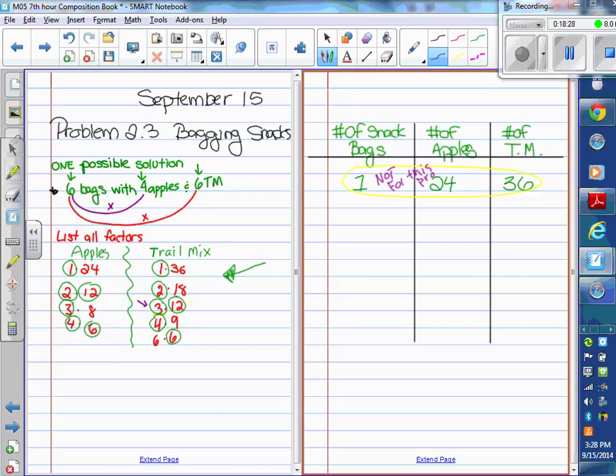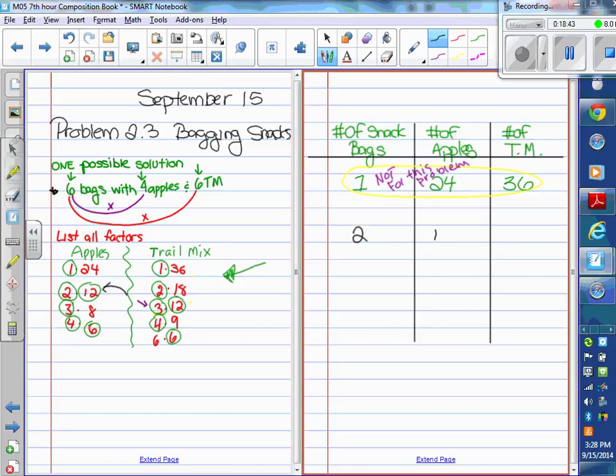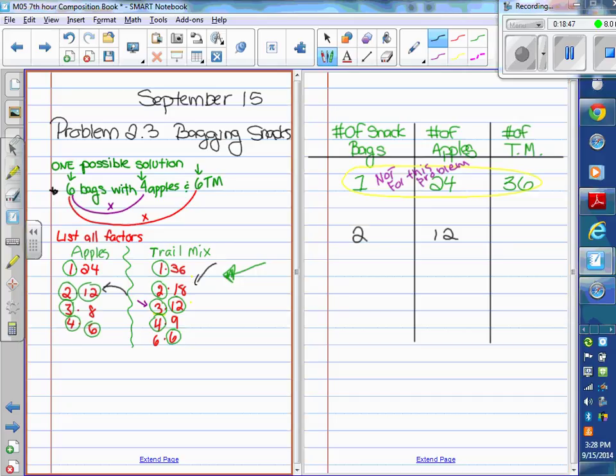But all of the other combinations should work. Like if I have 2 bags, I look over here and it tells me that I'm going to have how many apples? 12. And then I go to the other list and it tells me how much trail mix. How many packets of trail mix, if I separate it to 2 snack packs?